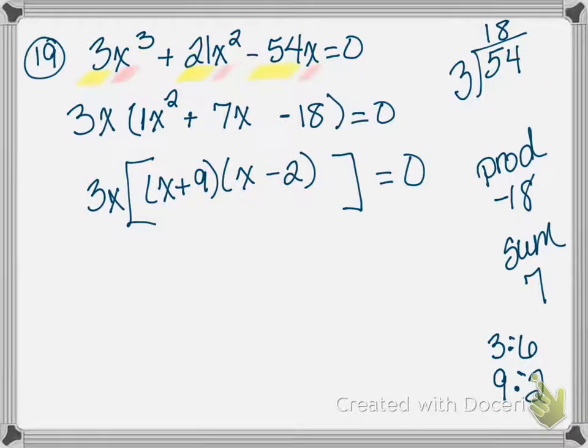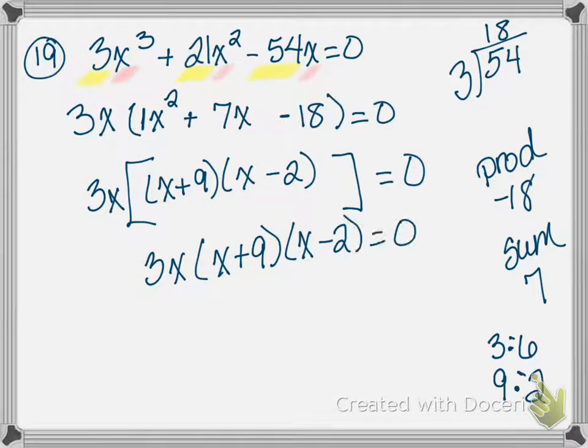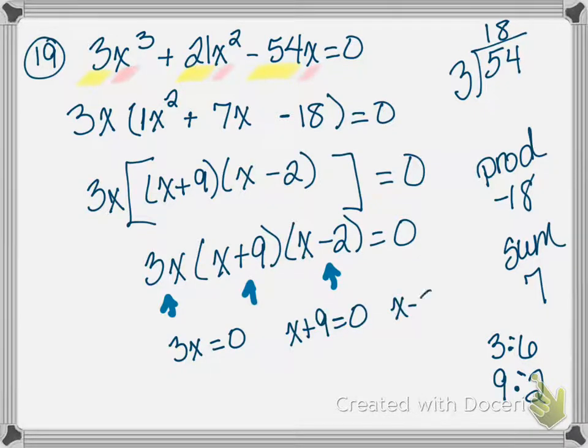So I'm going to rewrite this in fully factored form. So I have 3x times x plus 9 times x minus 2 equals 0. Now, I'm going to take each factor, and I have 3 of them this time, and I am going to put each one of them equal to 0. So I have 3x equals 0, x plus 9 equals 0, and x minus 2 equals 0.